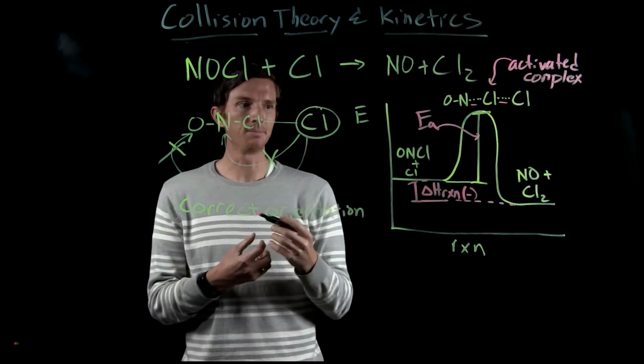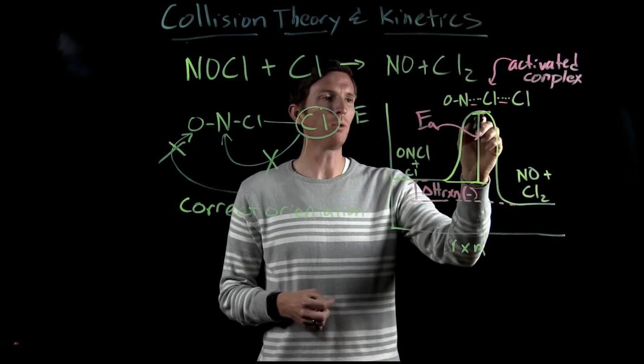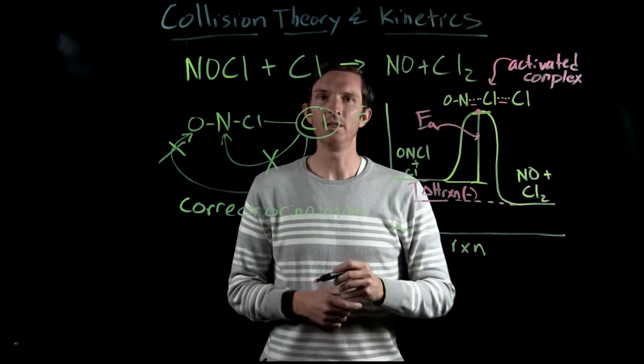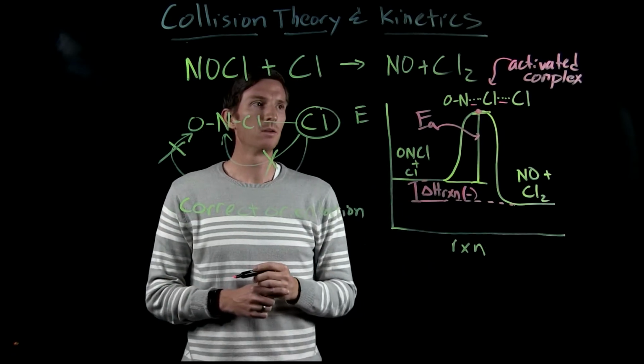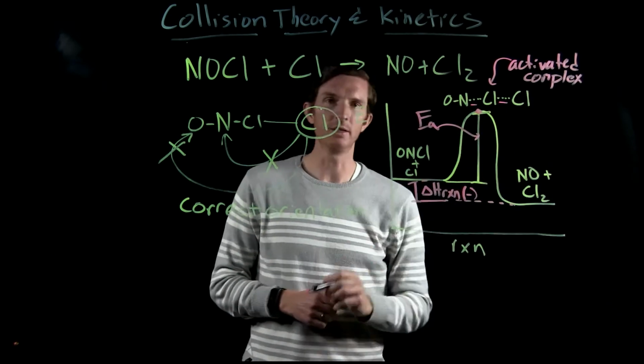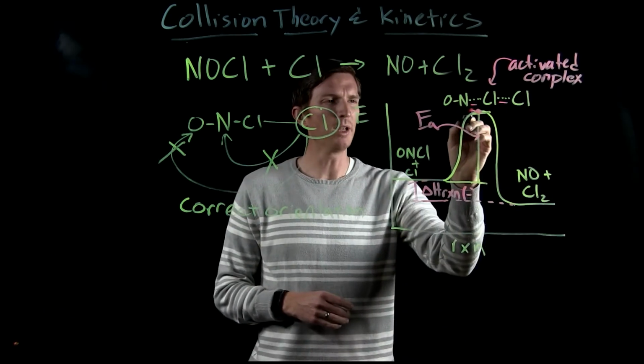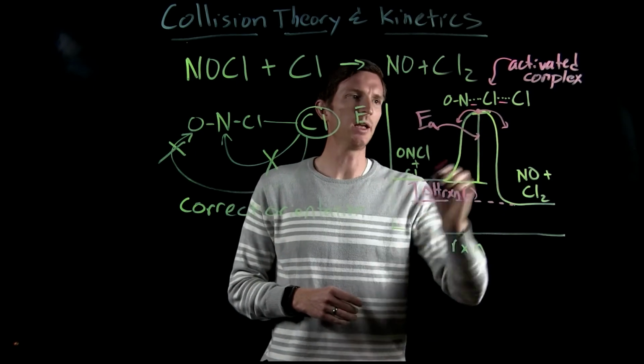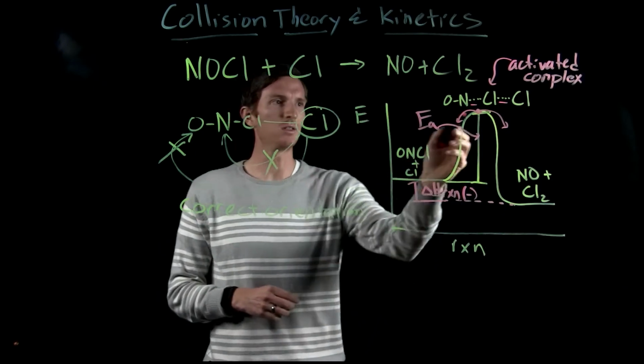The last thing I want to mention is that when we get to this point where we're sitting at this activated complex, not every reaction has to automatically go down to this side. What we see is that when it gets to that activated complex, it can go either way. It sits up here.